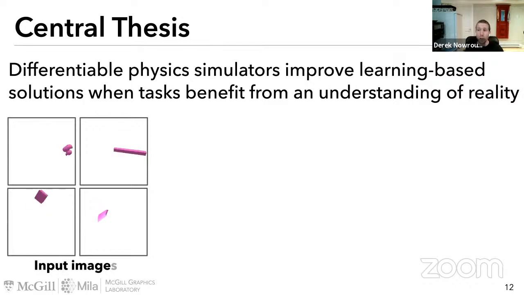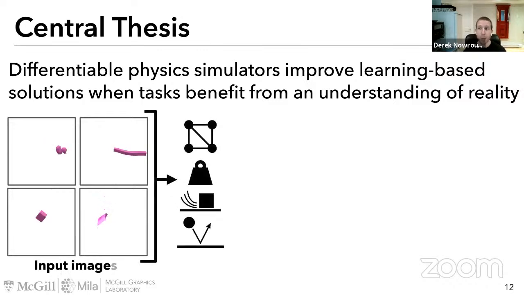From these input images, I would like to use a machine learning-based technique that captures a lot of data and observes these images to infer some kind of properties about the inputs to the physical simulation. I want to infer something about what the shape of the rubber duck is, or how much it weighs, or what the coefficient of friction is between the rubber duck and the floor that it's hitting.